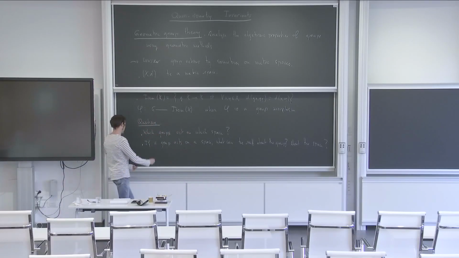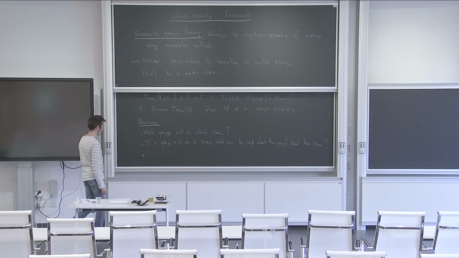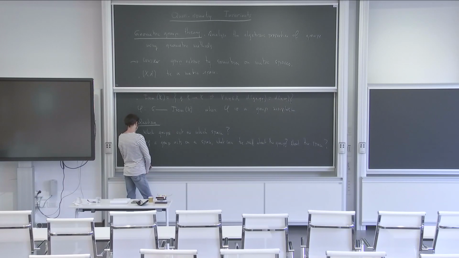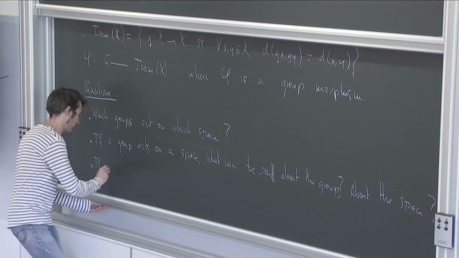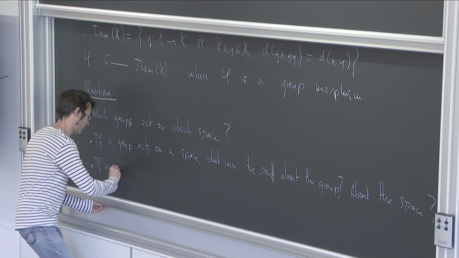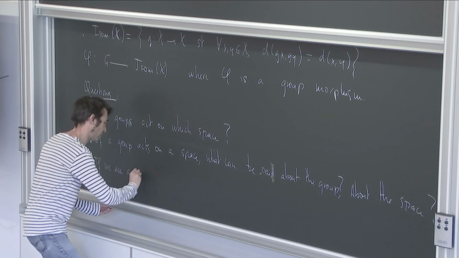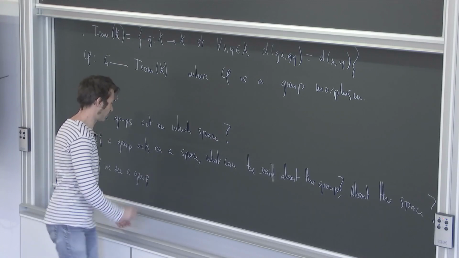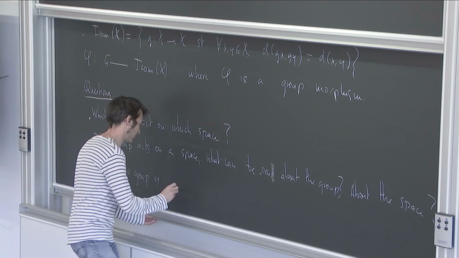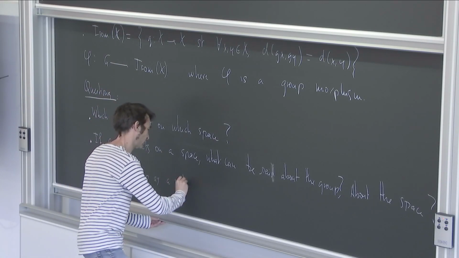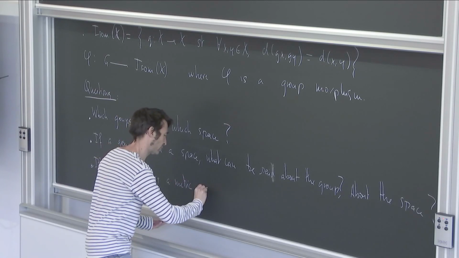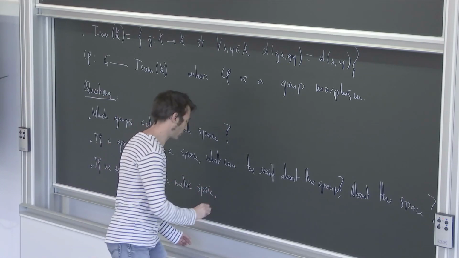And the last question that I would like to stress is the following. If we see a group as a metric space, how does it look like?